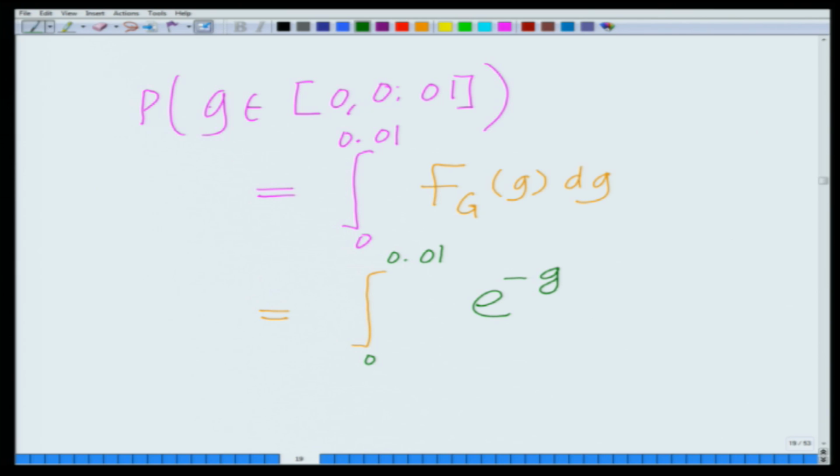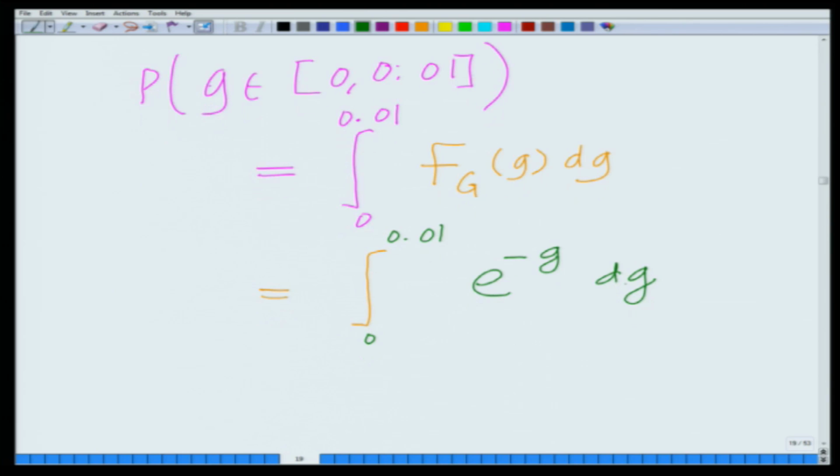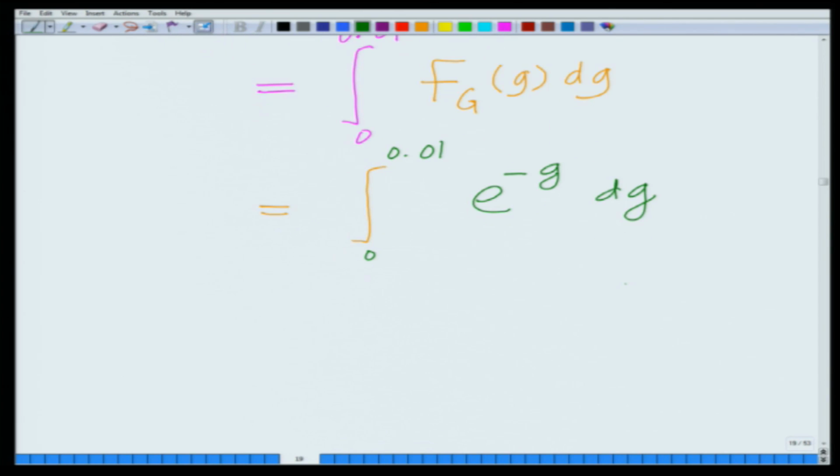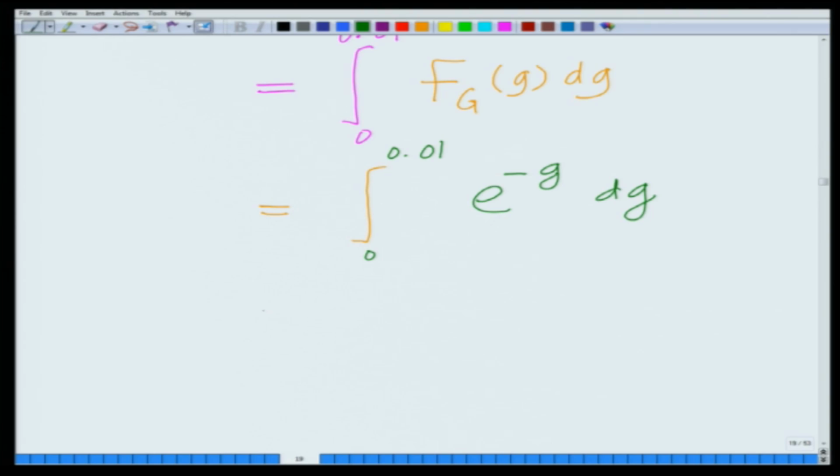So, this is the integral from 0 to 0.01 of e to the power of minus g dg, that is, the probability that it lies in the interval 0 to 0.01 is the integral of the probability density function e to the power of minus g between these limits, which is basically minus e to the power of minus g evaluated between the limits 0 to 0.01, which, you can verify, is 1 minus e to the power of minus 0.01.